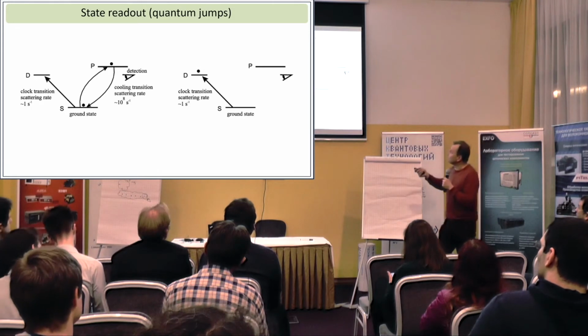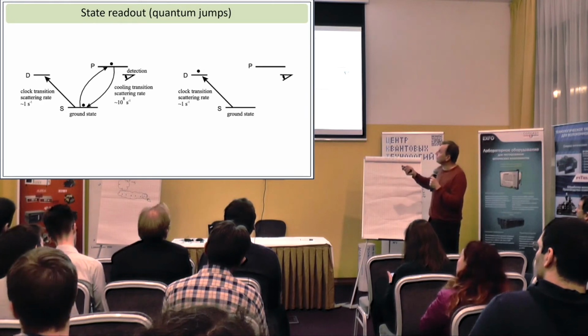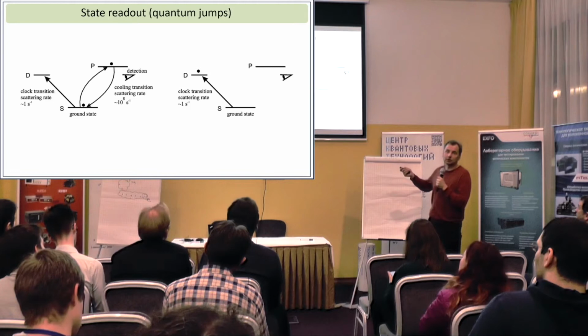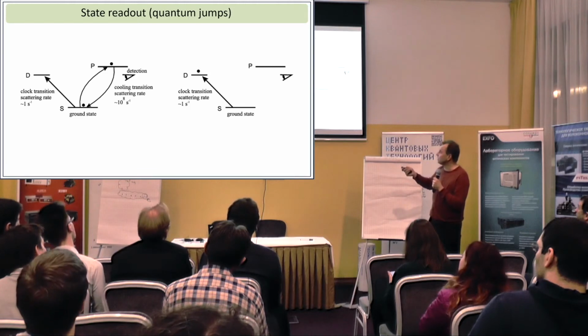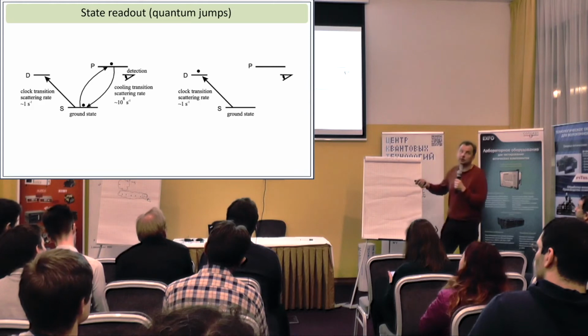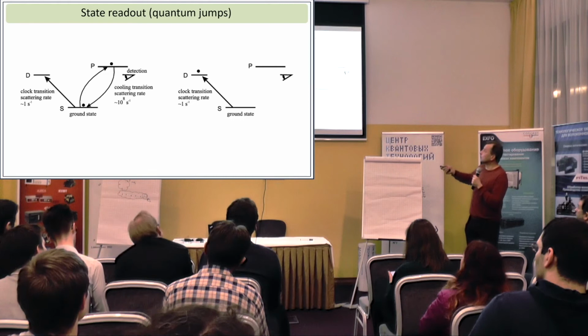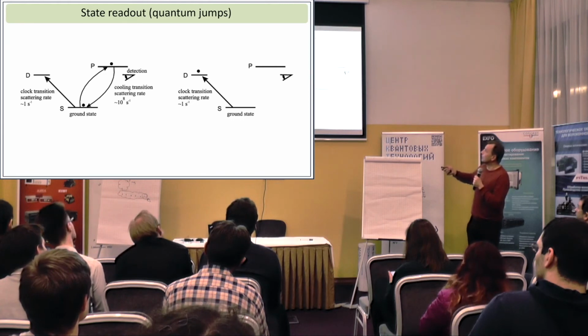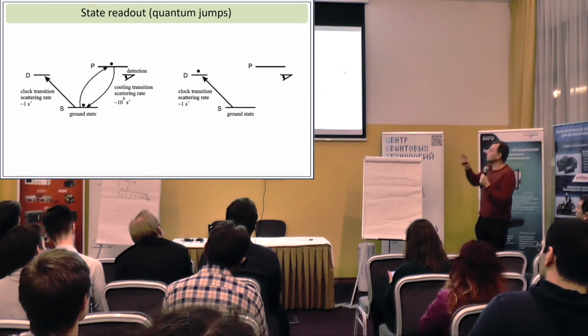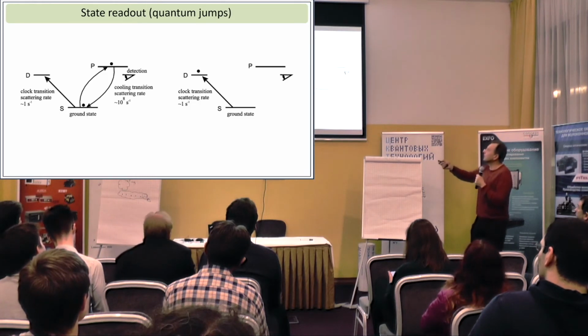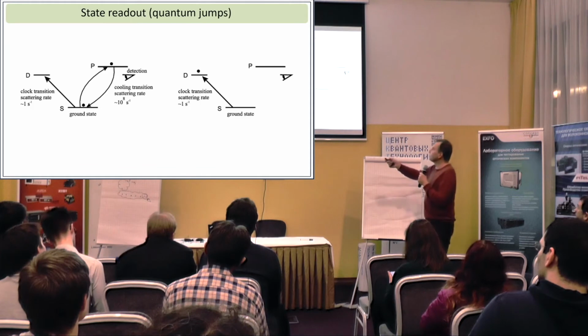So we have, for example, our clock transition or qubit or whatever you want. This is some transition which could be a superposition between S and D state, for example. And then we apply a strong electromagnetic field which couples the ground state to some dipole allowed transition, for example, to the P state.